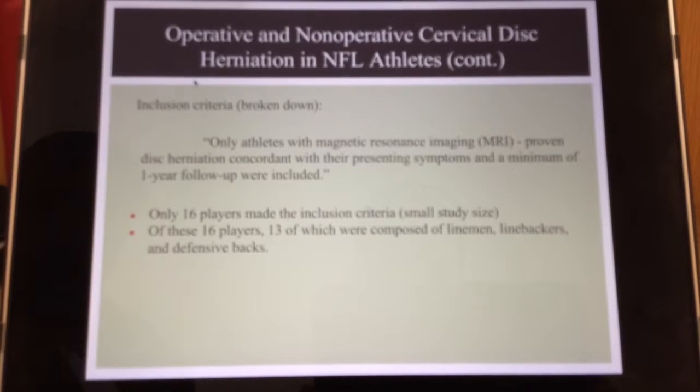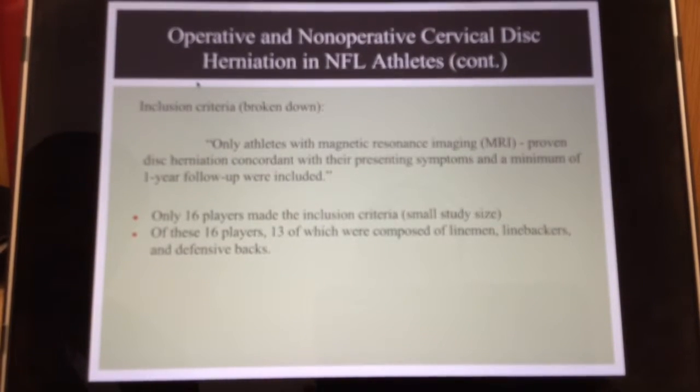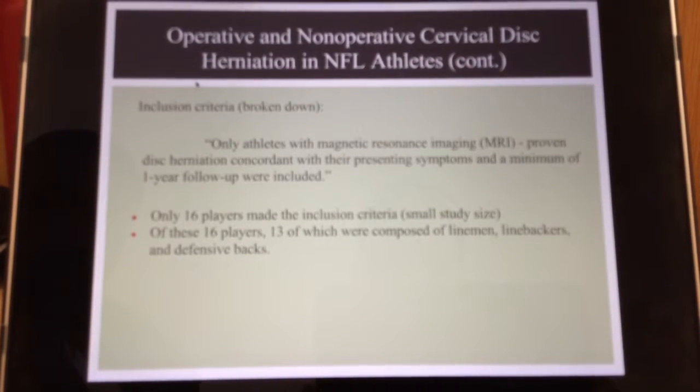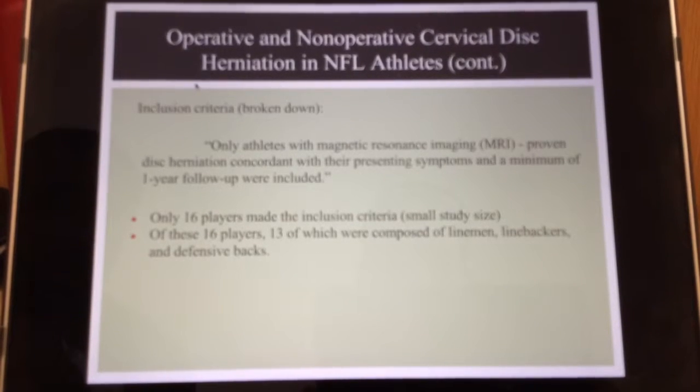Alright, so right here I also just threw in the inclusion criteria, broke it down a little bit. It was a small sample size, however, guys, because they only took players from one team for this study. Obviously, keep it nice and small, since it's the very first time. But yeah, I just wanted to throw this on there so you guys knew about this as well.